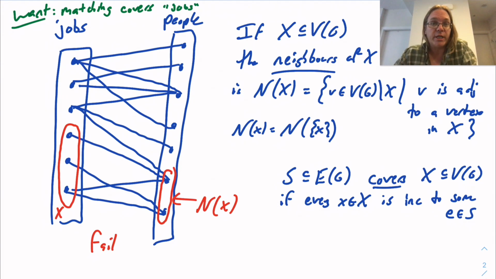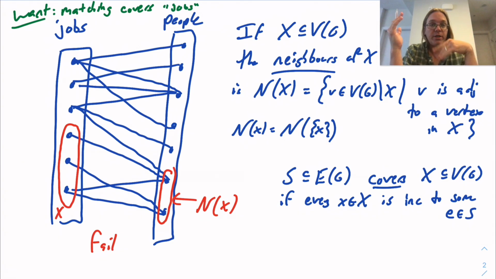Because it's a matching, each job is getting done by at most one person, and each person is doing at most one job. But because that matching covers the jobs, each job is going to be assigned to someone.